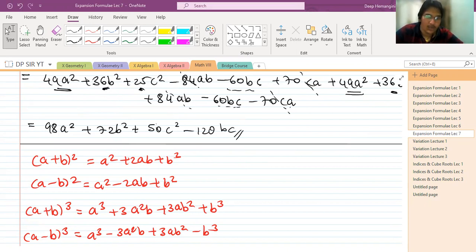If you want to solve that worksheet, you are free to solve it, and you can send it to me for checking at the mail ID which I'll be providing to you all. I hope the worksheet is visible to you. Give me a moment, it's loading.